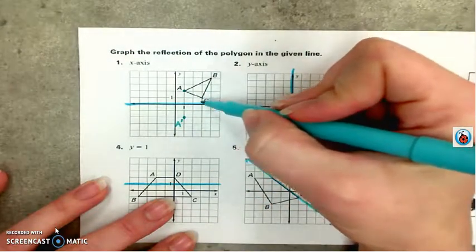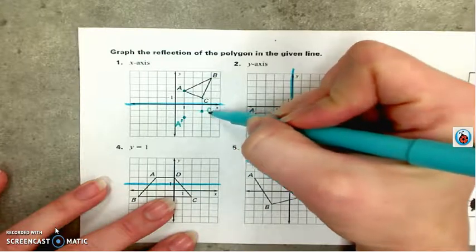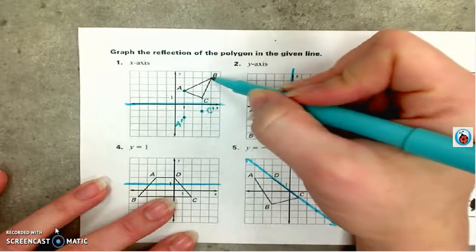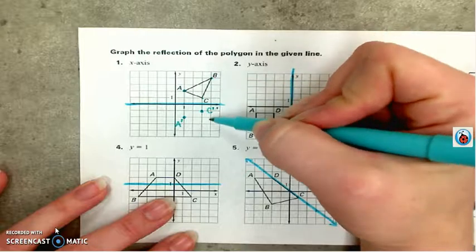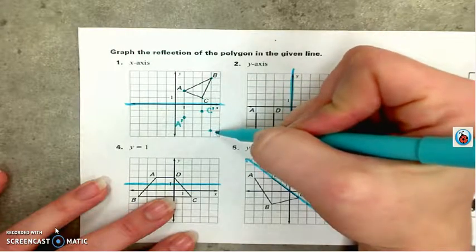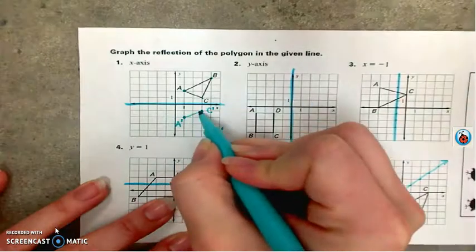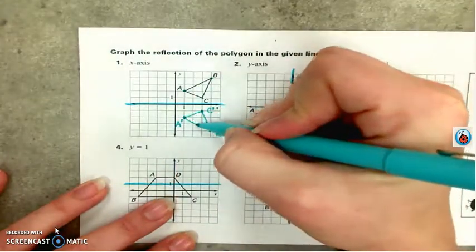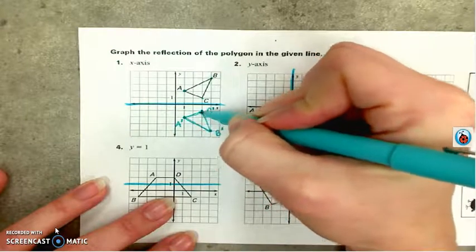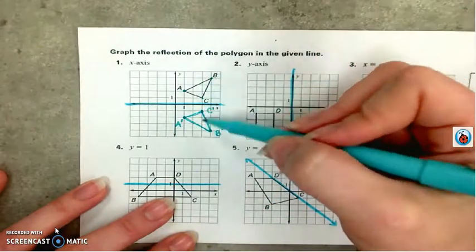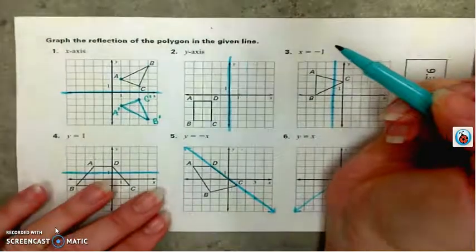C was up at 1, so now it's going to be down at -1. And B was up here at 4, so if it flips over the line, it's down at -4. When you connect your dots, that'll transfer the entire thing to make our image, and they should be congruent.